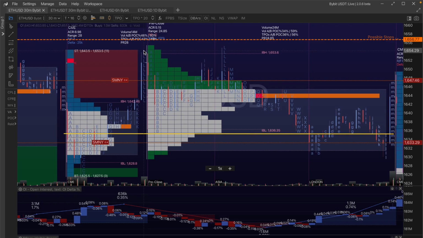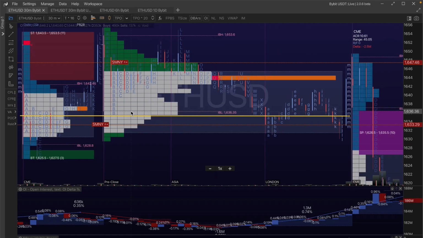Now you may ask, what is this yellow line here during CME? This is the halfback, and the halfback is extremely important for the next day or even the overnight session for determining the trend. As you see, the market came down to B period, it bounced off the halfback, it came back, very slowly and slowly broke through.